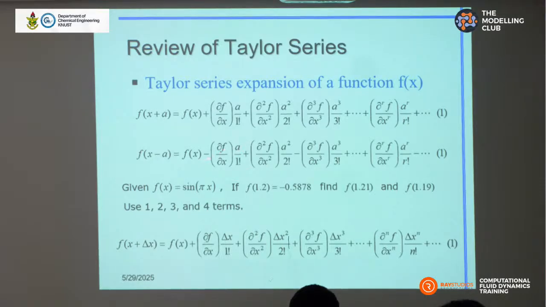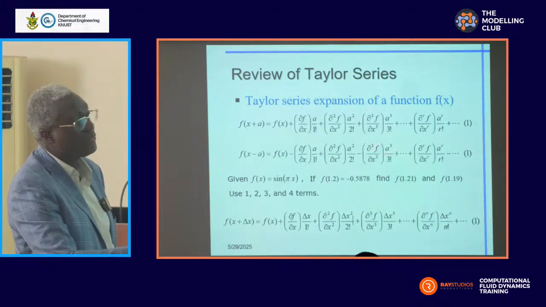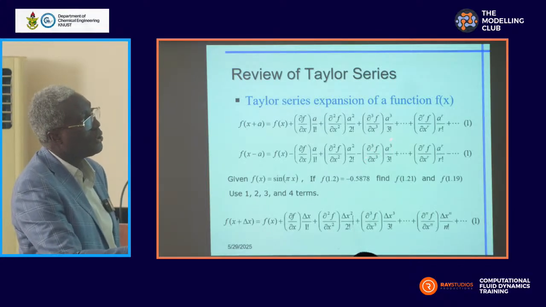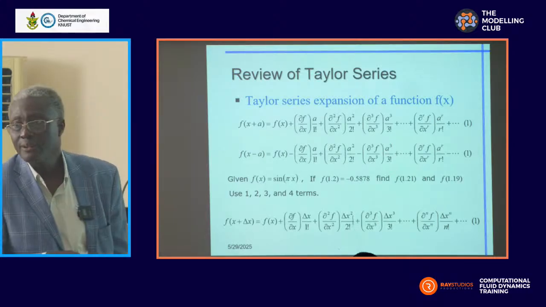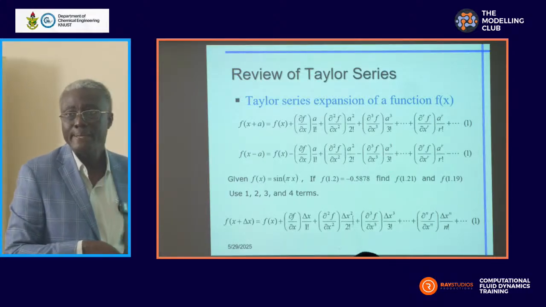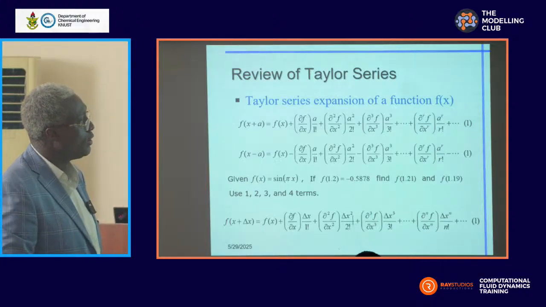The first term becomes f of x minus the first derivative divided by 1 factorial, plus, this is plus because a negative squared is what? Positive. So this is now a plus, divided by 2 factorial, and then a negative cubed will be negative, so you have minus the third derivative times a cubed over 3 factorial, and so on.